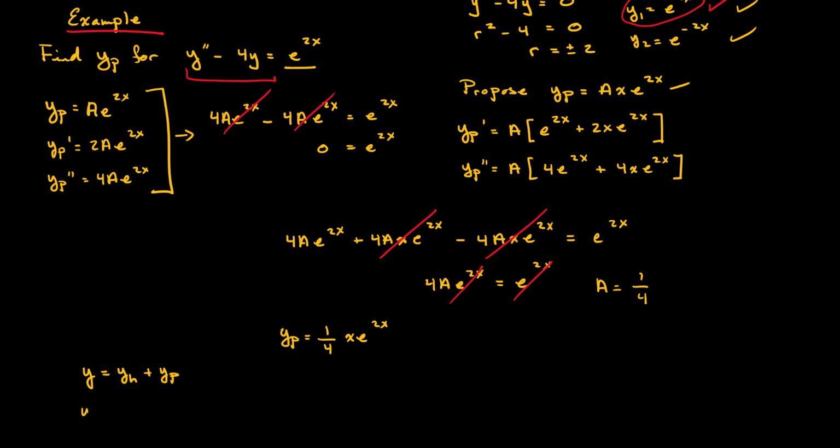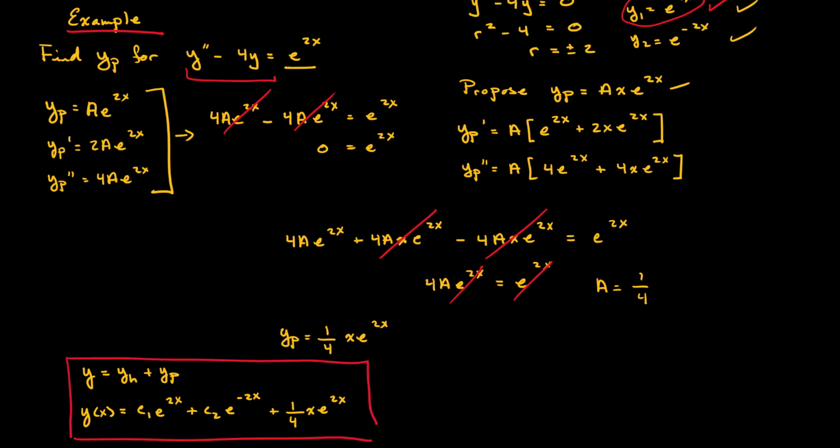So we can just say that y of x is equal to c1 e to the 2x plus c2 e to the negative 2x plus the particular solution 1/4 x e to the 2x. And this is the general solution for our second order linear non-homogeneous ODE, which we found using the method of undetermined coefficients.